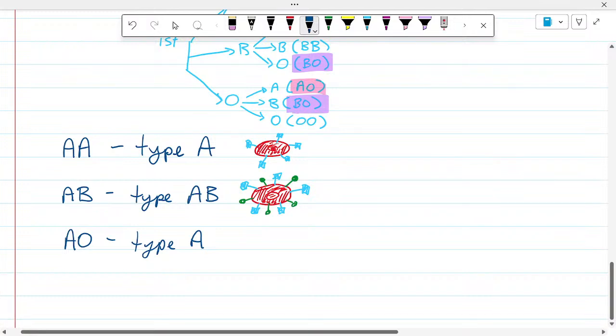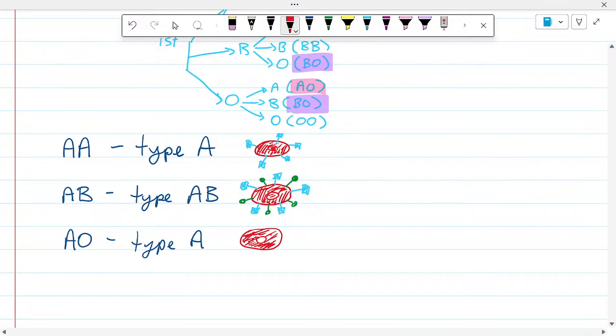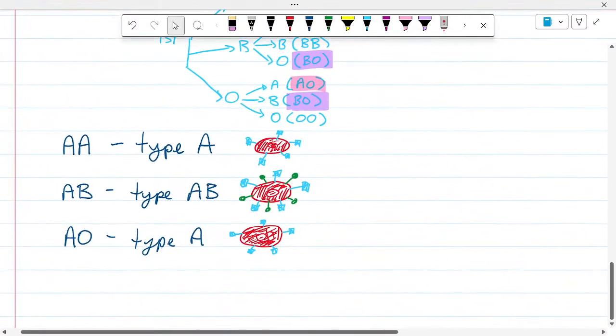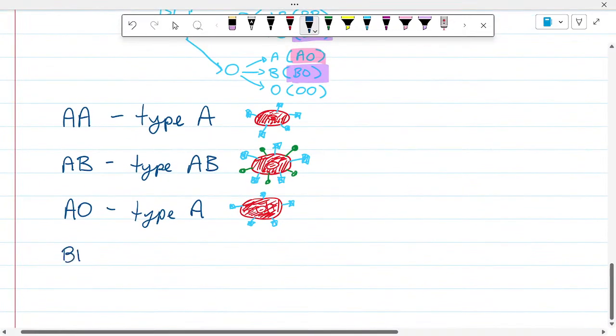So they are also type A. Okay, what was our next possible combination? We had BB, right? And obviously, what type blood are they? Type B, right? The other possibility was BO, and they are actually also type B.